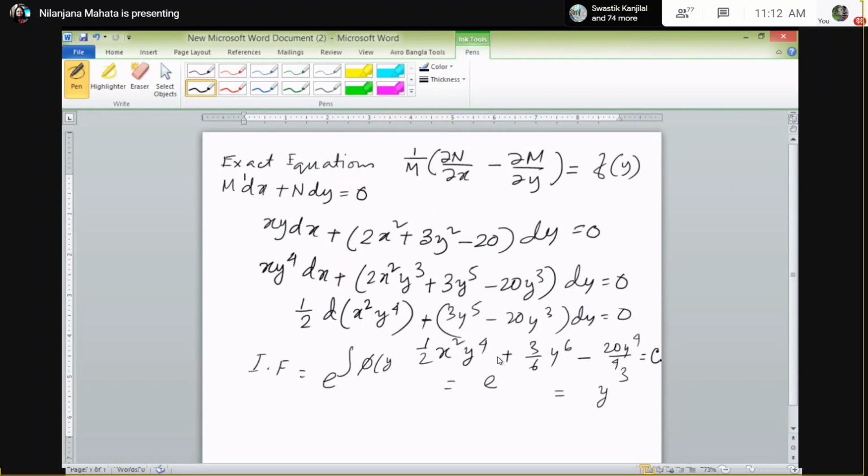And we can cancel out this half, and you can simplify and you get the solution, right? So this is another rule of finding an integrating factor. Okay, and there is a similar kind of rule, it was rule number 3.